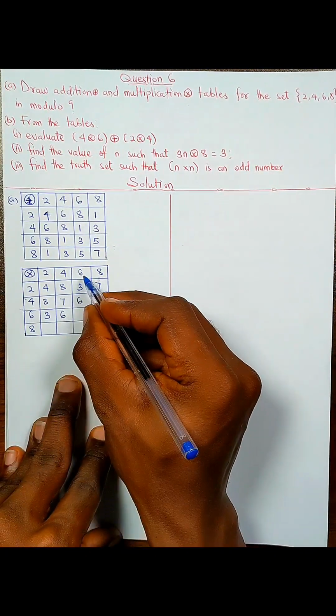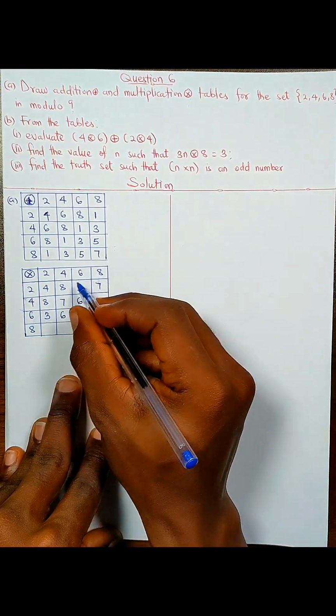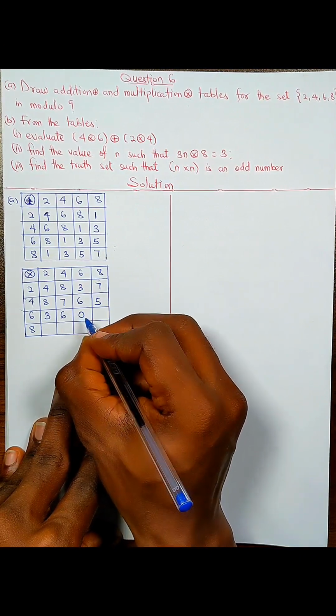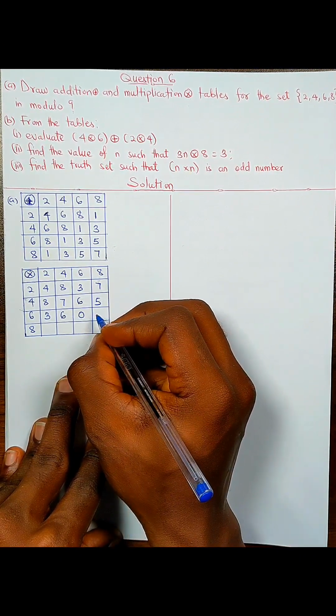Okay, so 6 times 6 is 36, and 9 enters 36 exactly, so there's no remainder, 0.